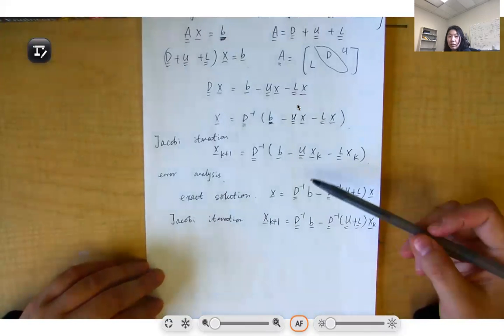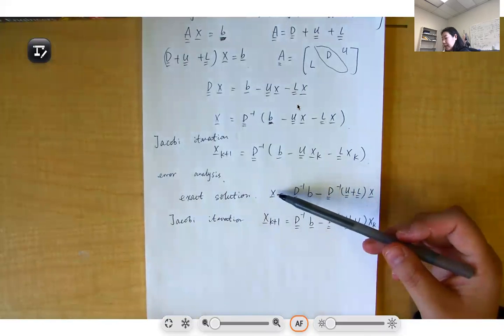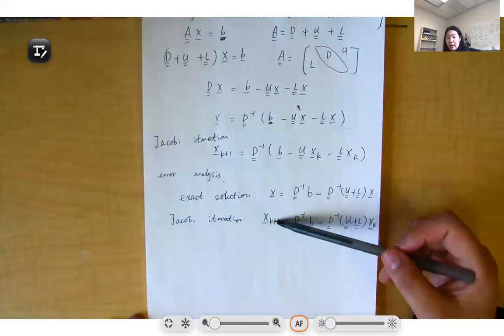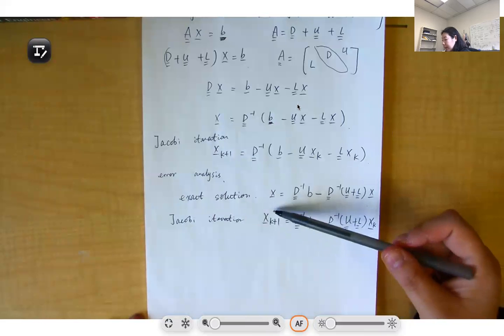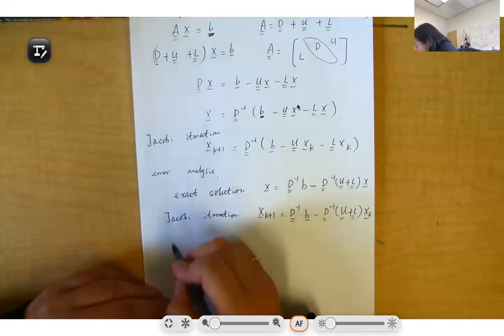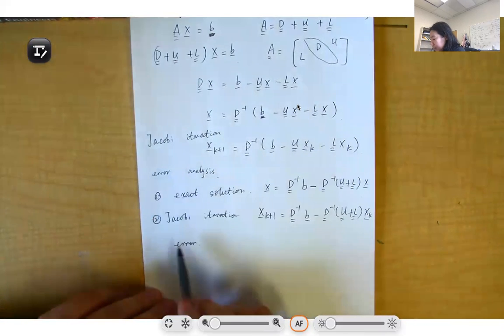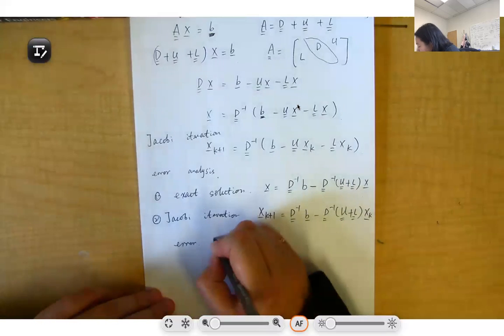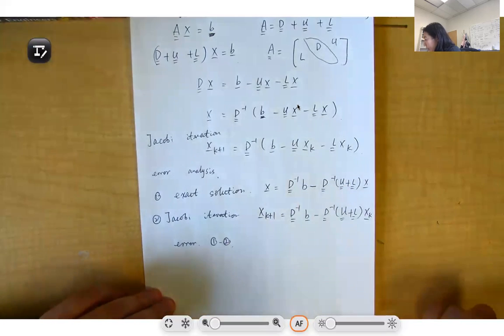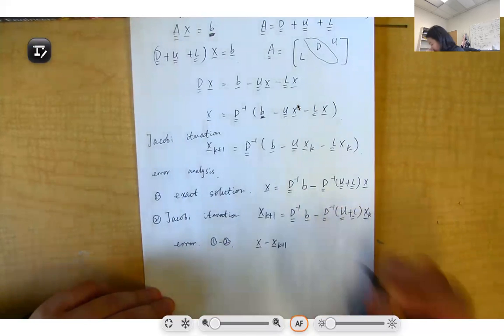Let's do a subtraction between the exact solution and the Jacobi iteration. Then you can get the relationship between the error of the next step and the error of the current step. For the error, using the exact minus the Jacobi iteration, so 1 minus 2, what we get is x minus x k plus 1.